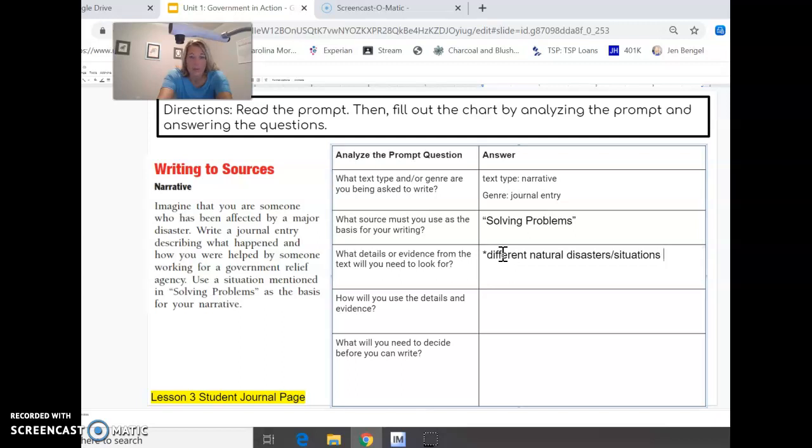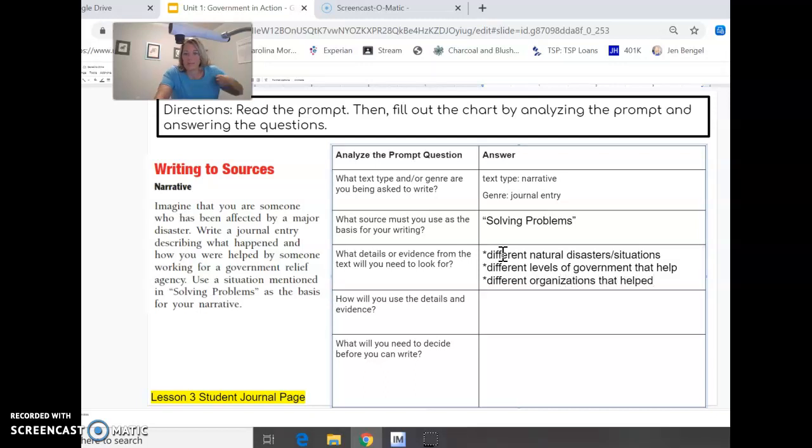So that's one thing we might want to look for. We also might want to look for different levels of government that help, and different organizations that helped, like FEMA and different organizations like that.